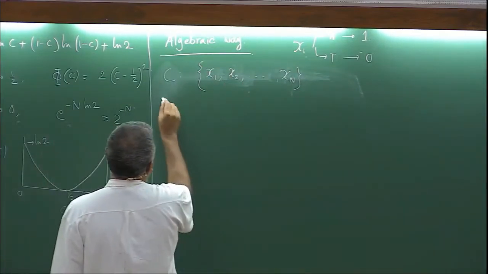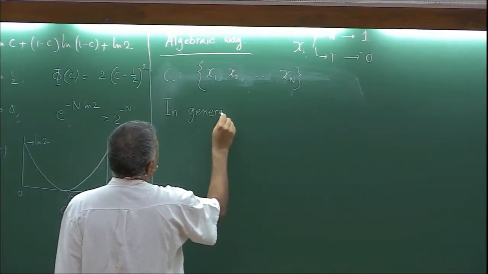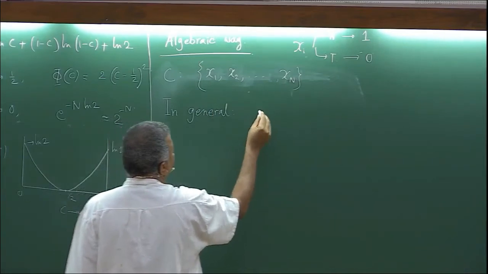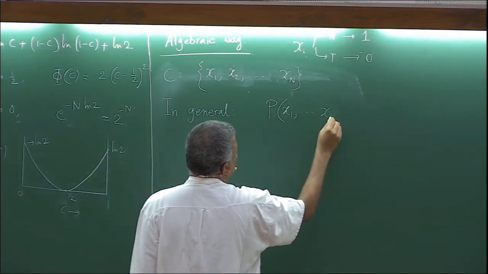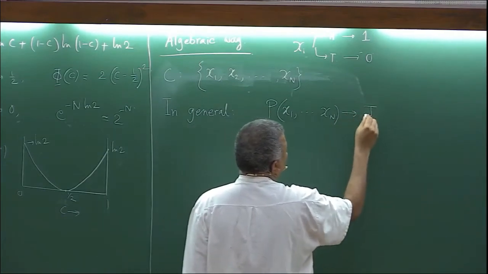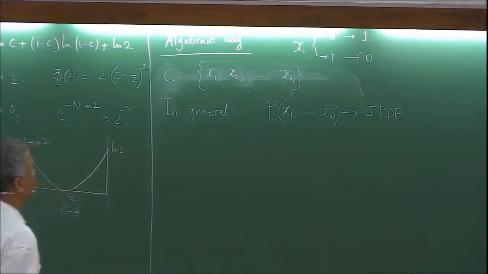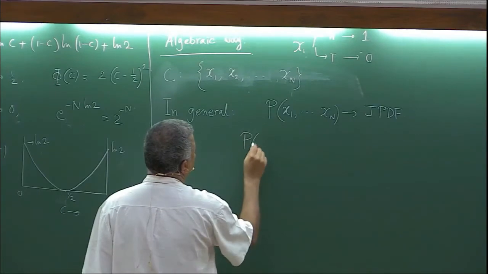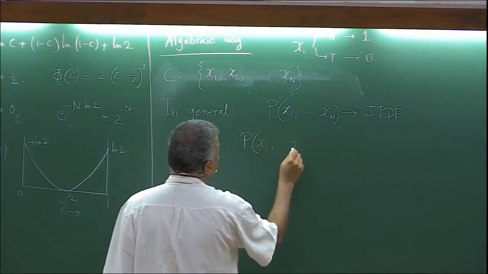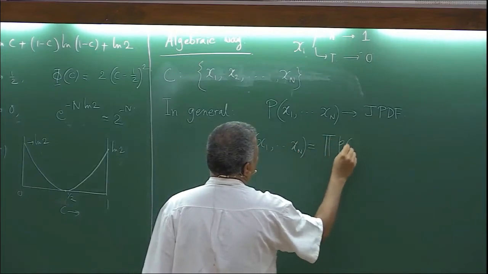Now in general, these are random variables, and let's say they are drawn from some joint distribution, the so-called joint probability density function, JPDF, of all these random variables. In our particular example this is very simple, because the xi's are independent, so it's actually a product of individual distributions.